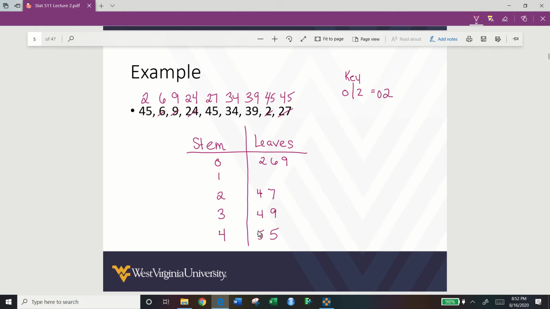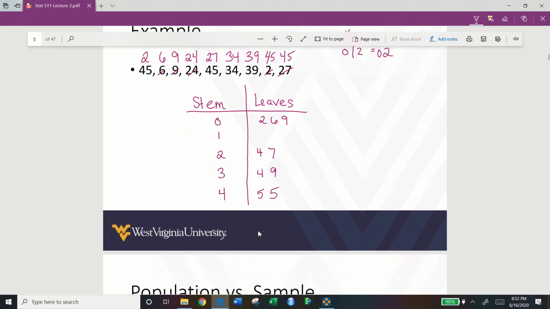So instead of having to write out 0 to 9, the stem of 0 represents the bandwidth from 0 to 9. Also, this is really good if we're trying to find if we have any modes.